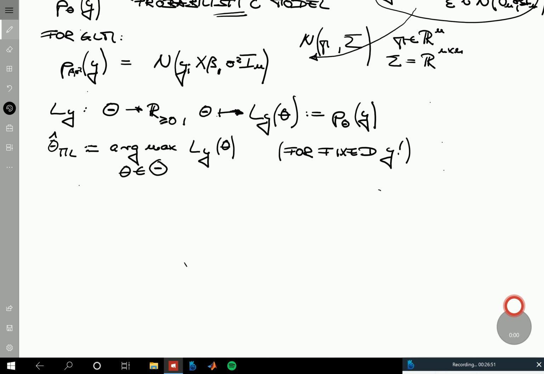Isn't there a proof that when you minimize the L2 norm it's the same as maximizing the likelihood? Well, I'm not quite sure what you mean by minimizing the L2 norm.